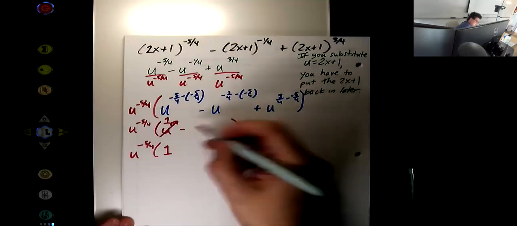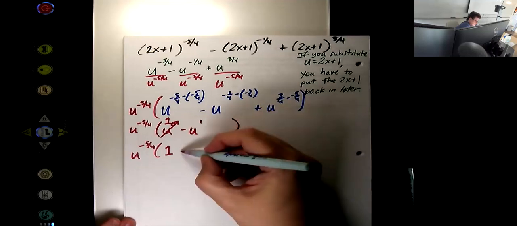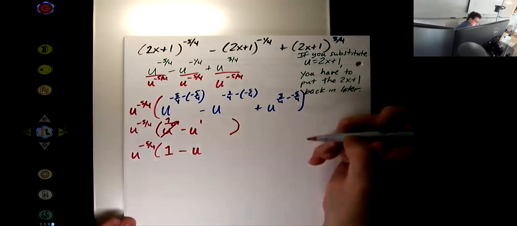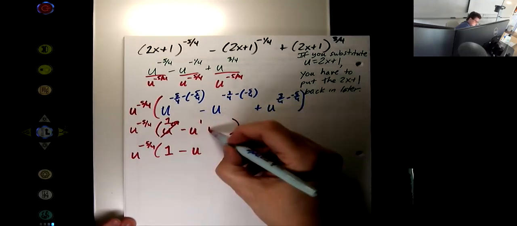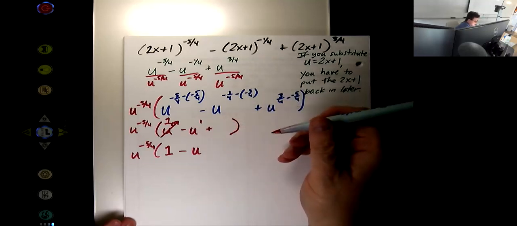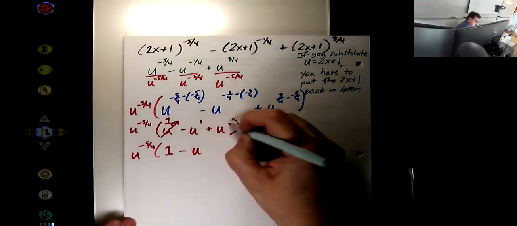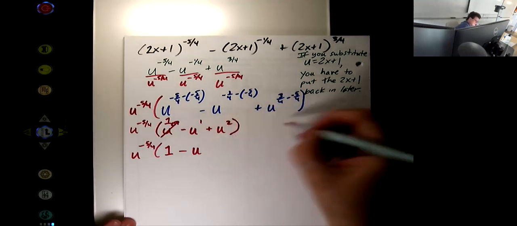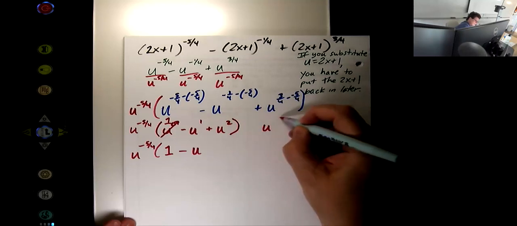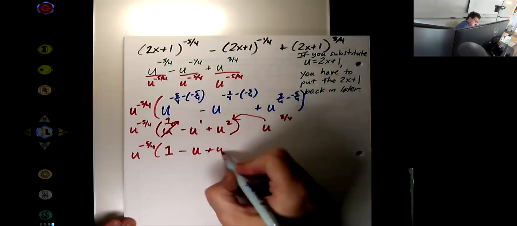It's just u to the 1, and we generally don't write the exponent when it's a 1. And the last one? U squared. You'll get u to the 8/4, so plus u squared.